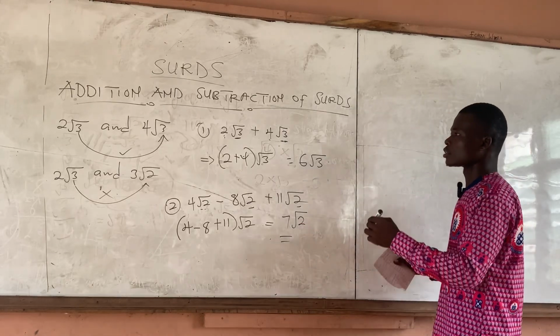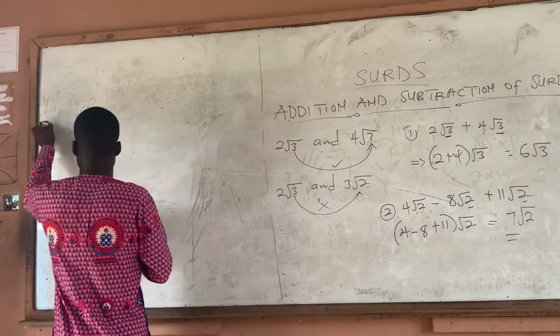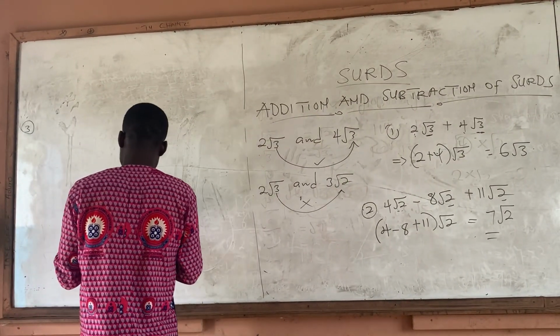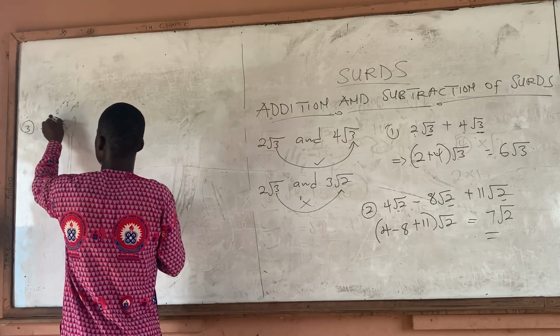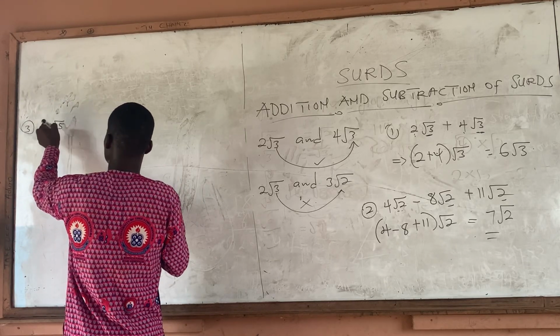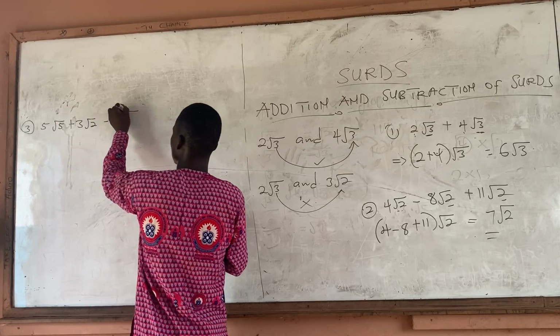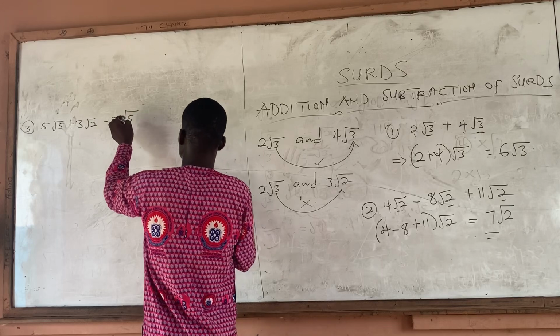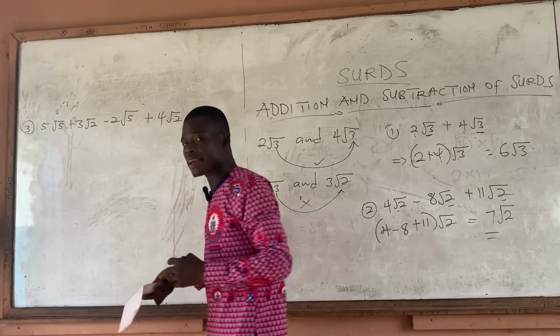Let's move on to example 3. Suppose we have 5 root of 5 plus 3 root of 2 minus 2 root of 5 plus 4 root 2, to simplify.